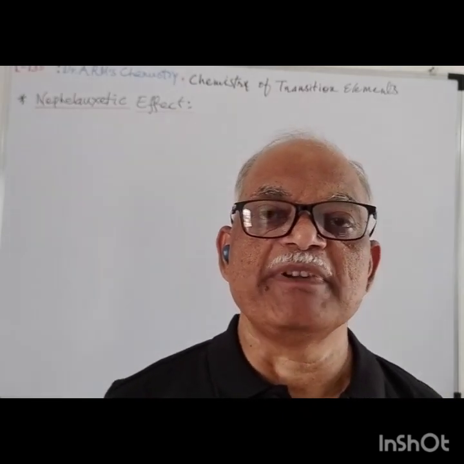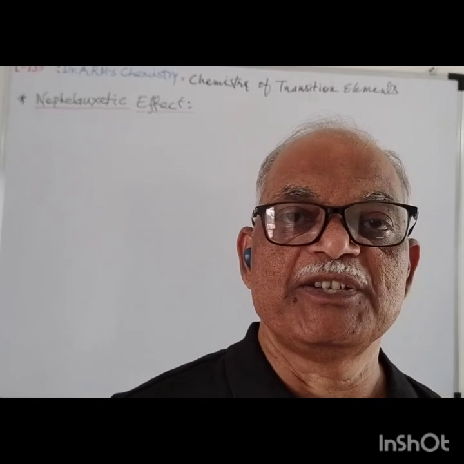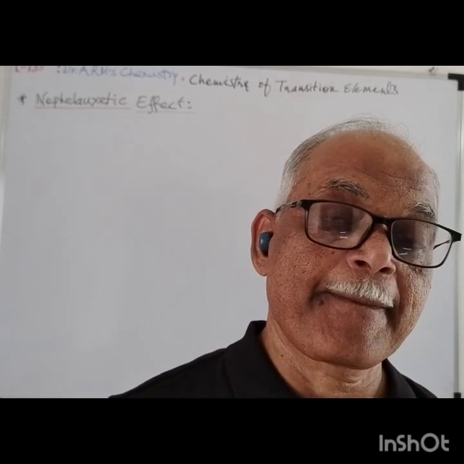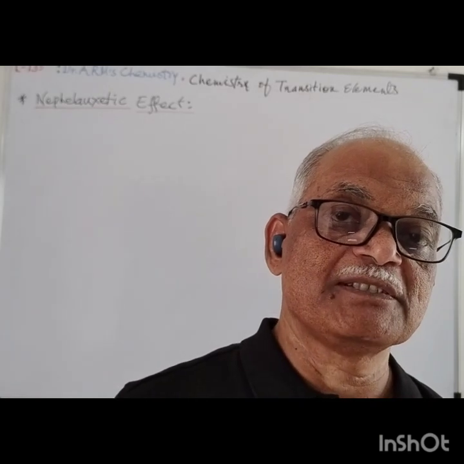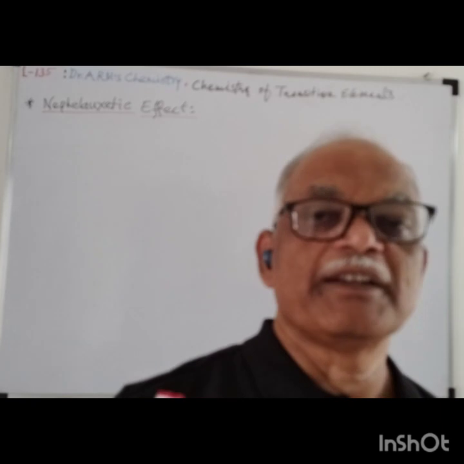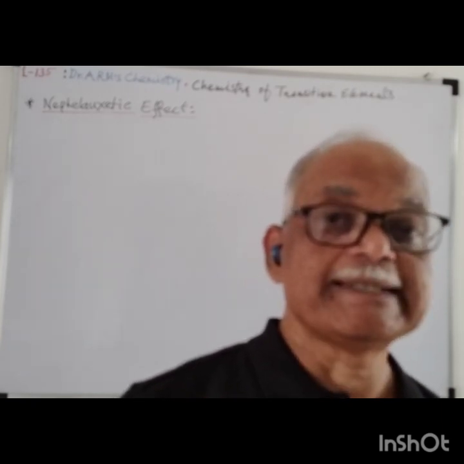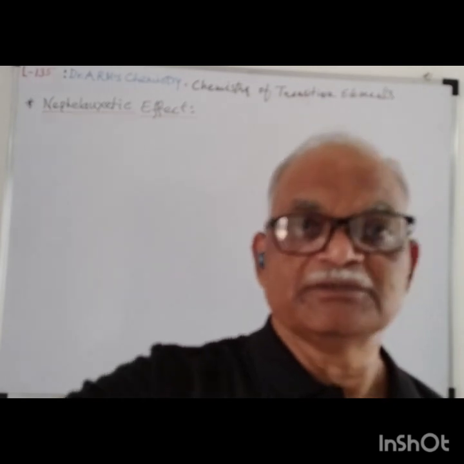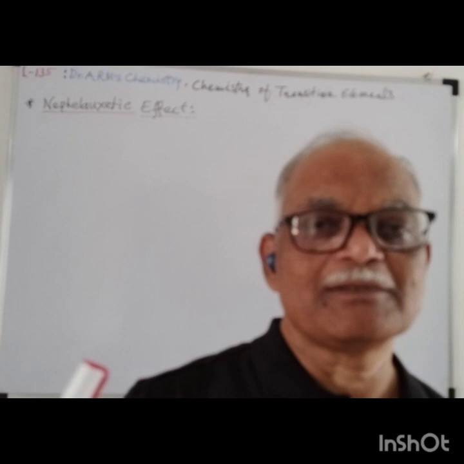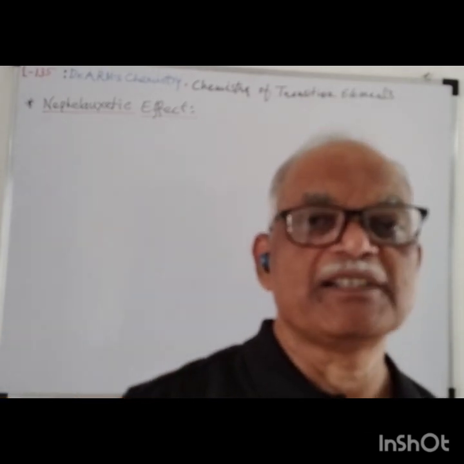But if the metal ion enters into a complex by forming bonds with ligands, the atomic orbitals of the donor atom of the ligands point in the direction of the metal ion, and this adds together the orbitals of the ligand donor atom and the metal ion.